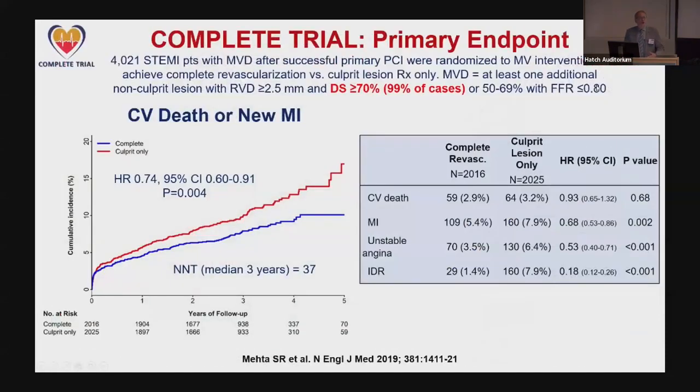So the question is, what do we do with this information? Well, I believe we can use this information, though we have to prove this in randomized trials, to get better outcomes for our patients when we see these lesions in the right clinical setting.